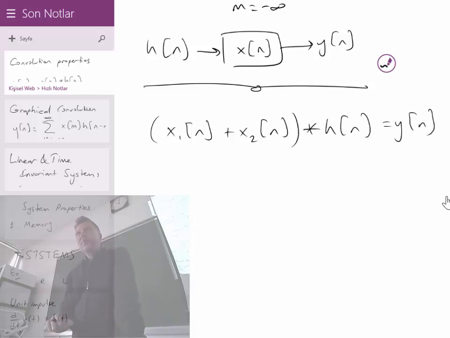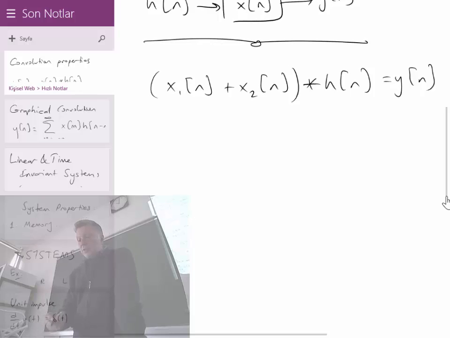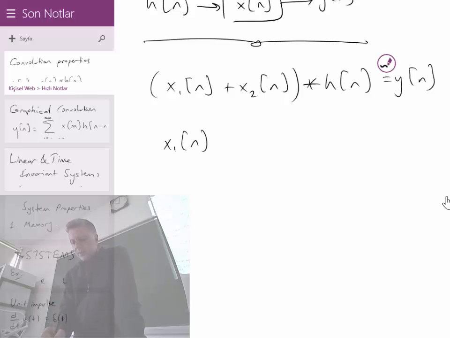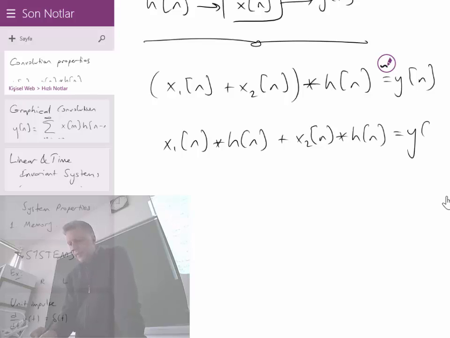This is equivalent to, as I have indicated in the last hour, individual convolutions with the separate components of these two signals. Like this is equal to x1 of n convolution with h of n plus x2 of n convolution with h of n, and this is also equal to y of n.